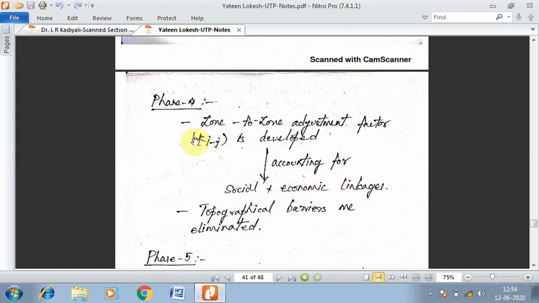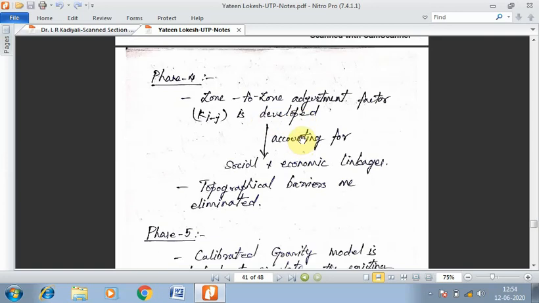Basically, these zone to zone adjustment factors will vary from place to place, and according to the data collected during the inventories corresponding to social and economic linkages, you will be finding out the zone to zone adjustment factors. And then the topographical barriers will also be estimated in this particular phase, that is phase 4.